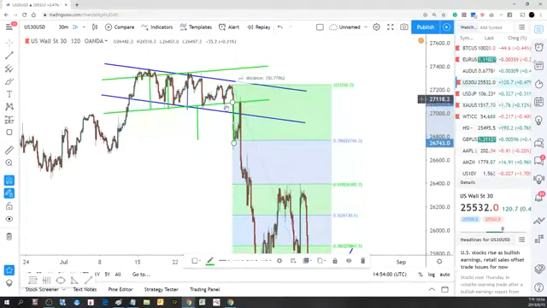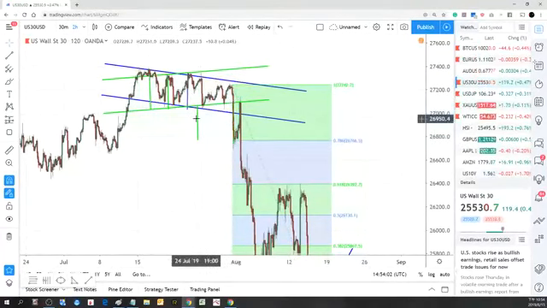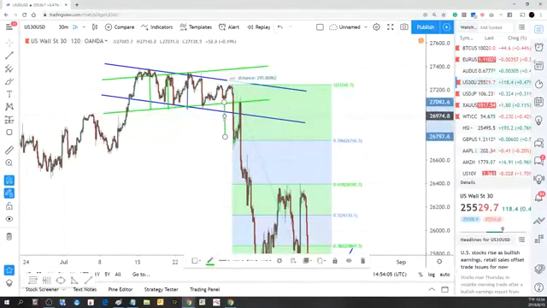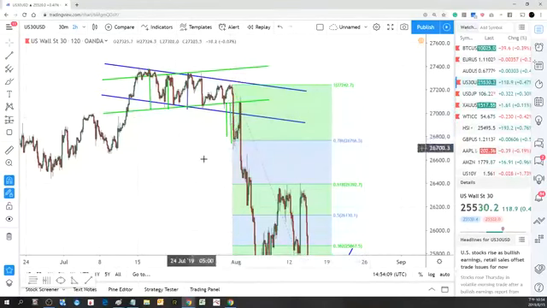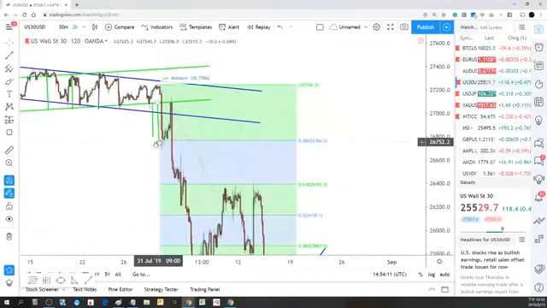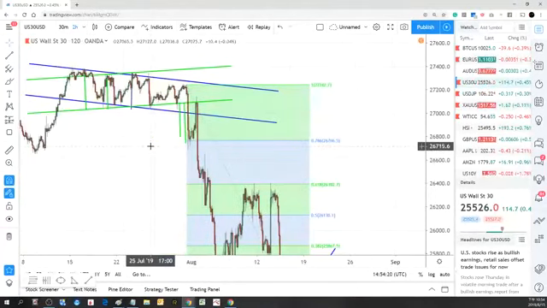So for the green channel, it breaks it here. So I move the green line a little bit closer to the actual market movement. You can see that it does not do the exact move as it is supposed to do.